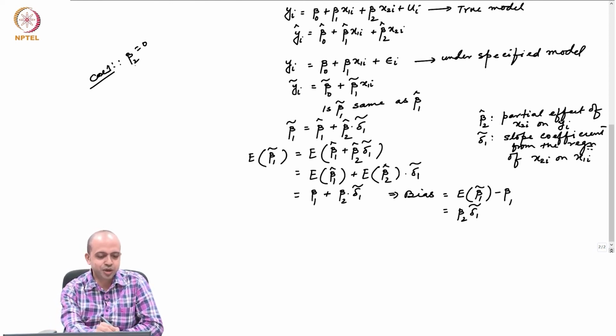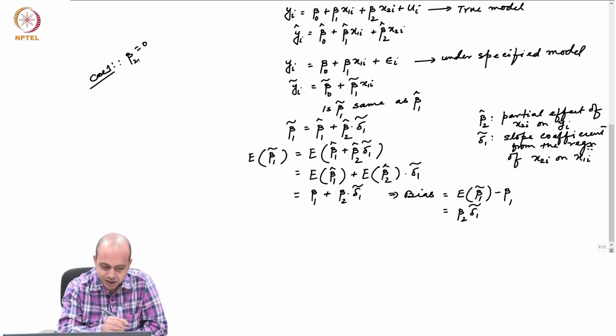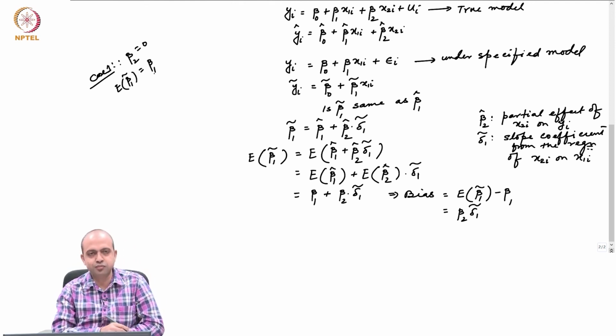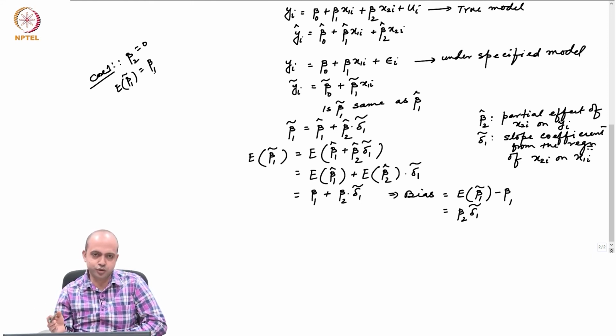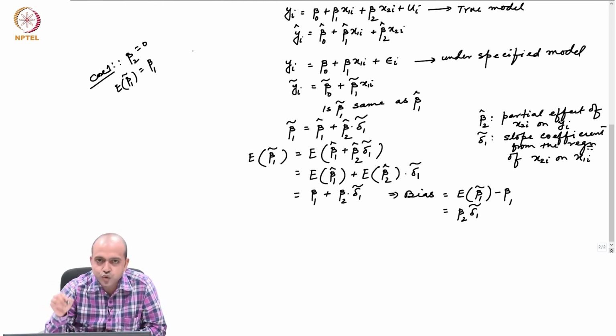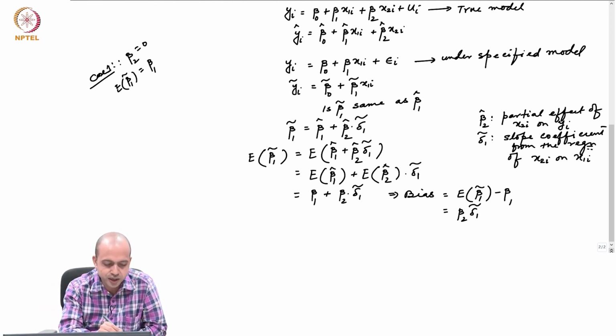If that is the case, then beta 2 equals 0, and obviously expectation of beta 1 tilde equals beta 1. So beta 1 tilde is an unbiased estimate of beta 1, which is quite natural. If some variable does not qualify to be included in the model, why should I include it? Obviously, if you exclude that variable, it does not matter. So that is the first case: beta 2 equals 0, x2i does not qualify to be included in the model, so your expectation of beta 1 tilde equals beta 1.